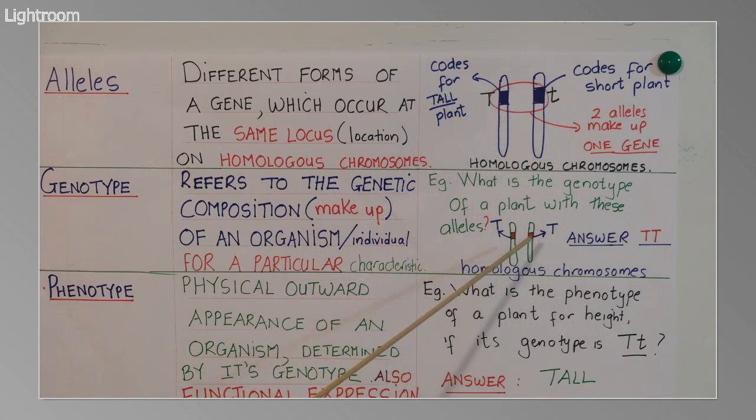What is the genotype of a plant if its two alleles are capital T and capital T? In other words, these two alleles are identical and they both code for tallness in the plant. Answer: capital T, capital T. So in genotype, we are really representing the two alleles which are found on homologous chromosomes.